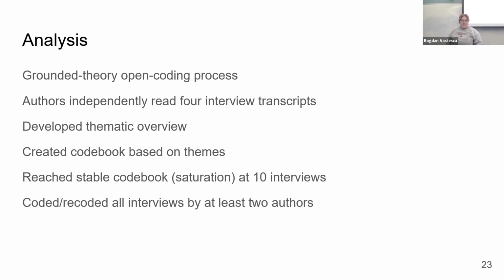Coding is raw labeling of the input data. If you're reading through the transcripts and you're assigning keywords to things people are saying, this is a very close to the data, fine-grained, low-level first pass.